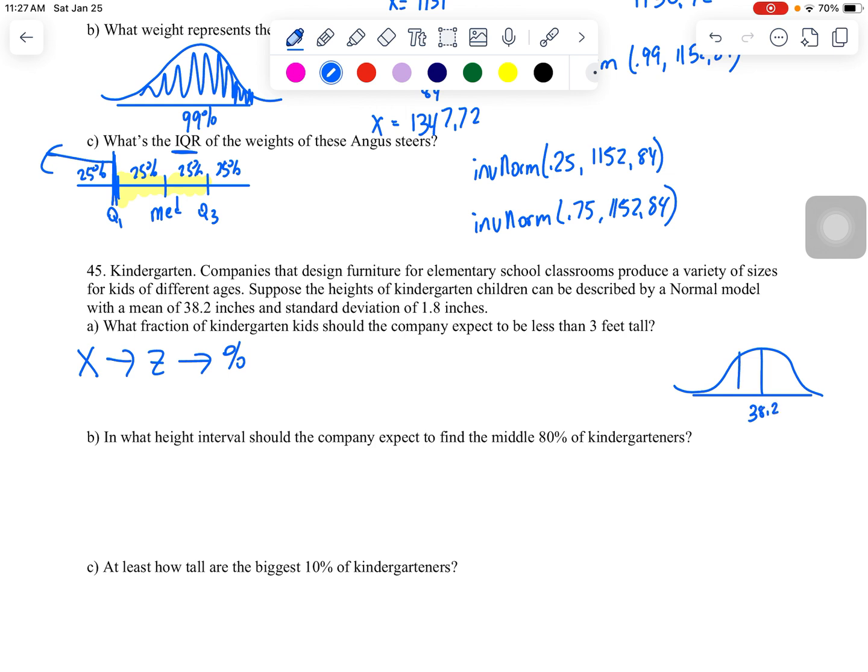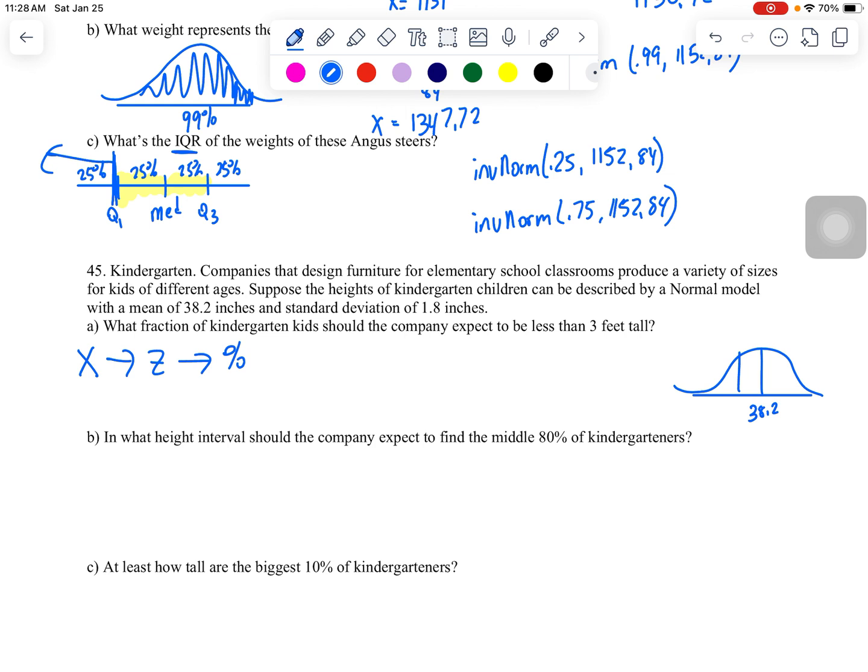I don't have a calculator handy. 38.2 minus 1.8 is going to come back at 36.4. So this is 36.4.